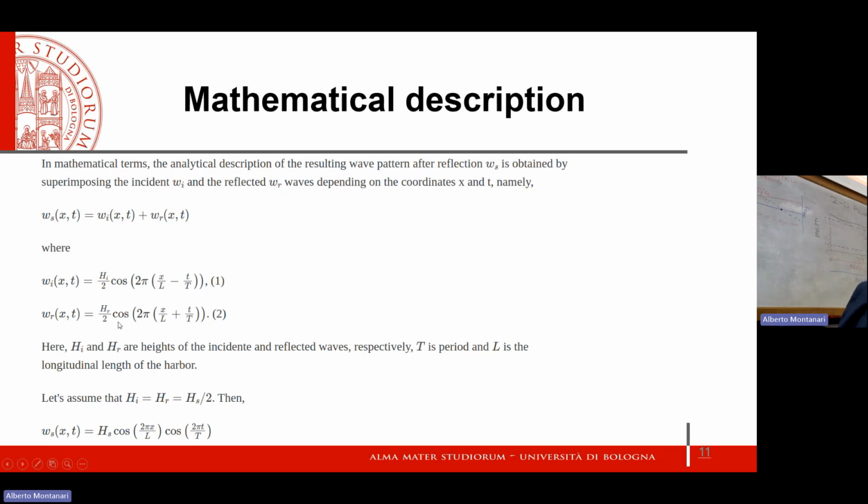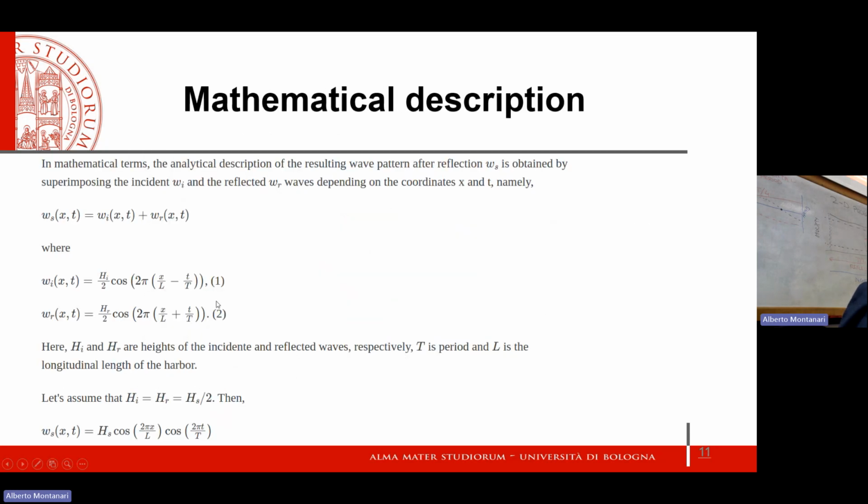Now, the reflected wave is the same wave with, of course, a plus sign here instead of a minus.